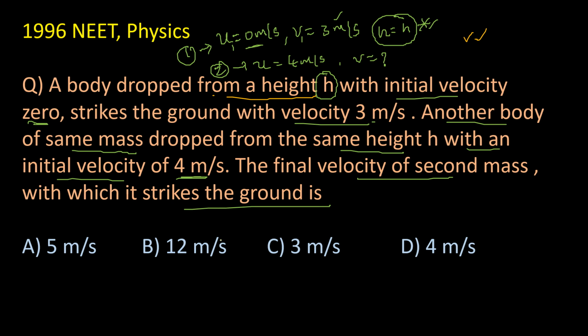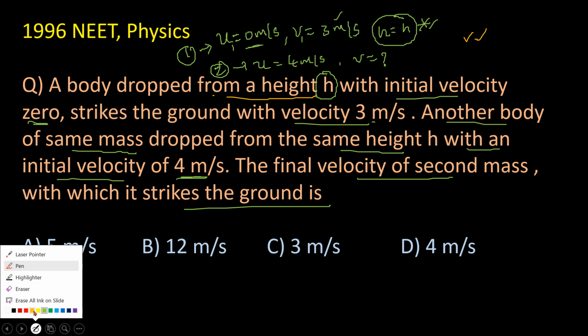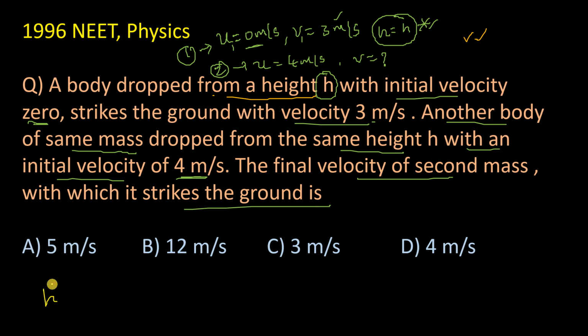The process is, first we find the height. This height of the first case will be the same in the second case, since both bodies are dropped from the same height. Then that height will be utilized in the second case, so we can find the V value.